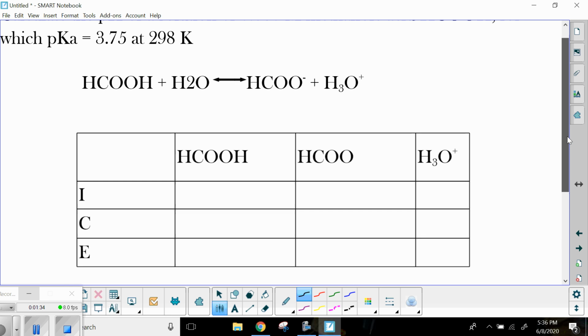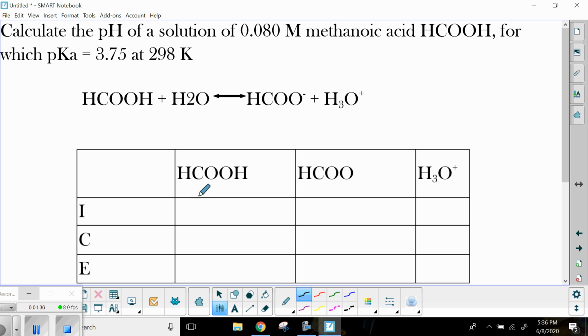Now I'm going to fill in my ice table. I initially have 0.080 moles per liter of my methanoic acid. I have no methanoate. I have no hydronium. I know equilibrium is going to have to shift to the right because I have none of these to start. I'm dissolving in water.